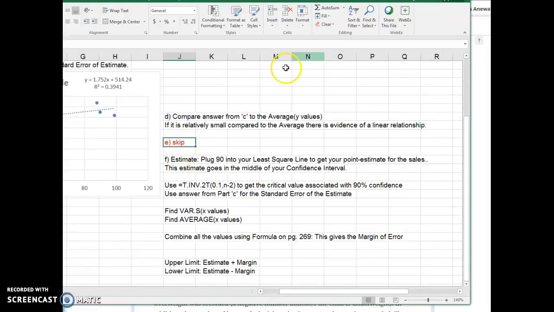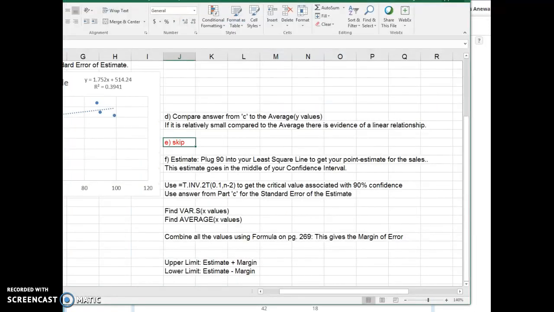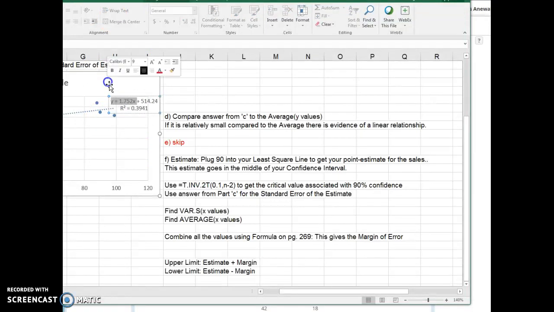But then going on to F here, predict with 90% confidence the sales when the advertising budget is $90,000. All right, so here's where we're actually going to use that line we calculated back in part A to make some predictions. So the first thing you want to do is plug 90 into that line to get our estimate, our one number value for what we estimate the sales is going to be.